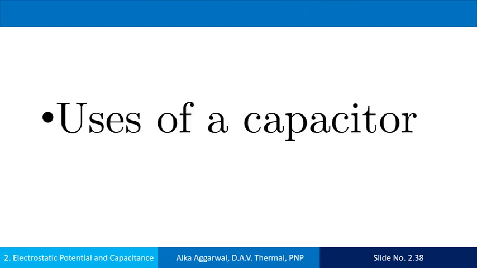Uses of capacitor. Capacitor is used to eliminate sparking in electrical circuits. The capacitors are used in radio circuits for tuning purpose. The ignition system of every automobile engine contains capacitor.